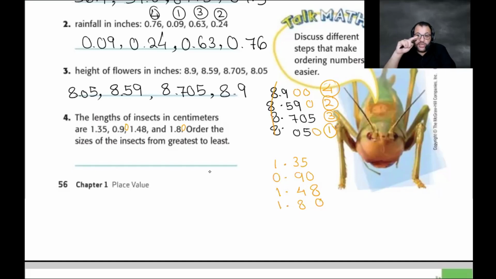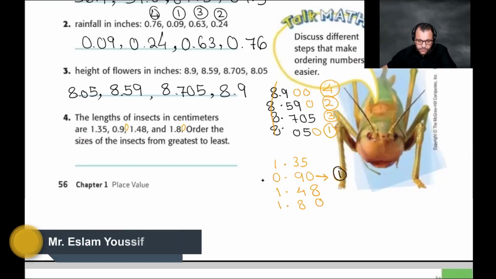Greater than the others. 0 is greater than 1? No. I said look at the number before this. So that will be the first number. You understand it? Okay, that will be the first one. Then, we'll finish. The next number will be? The next one.